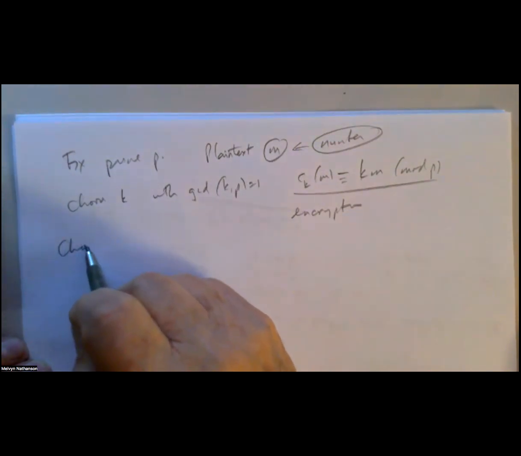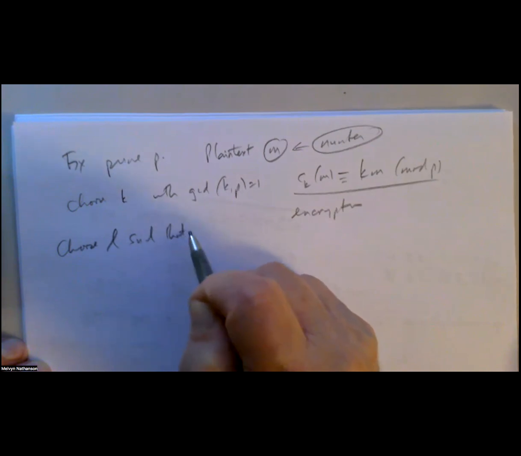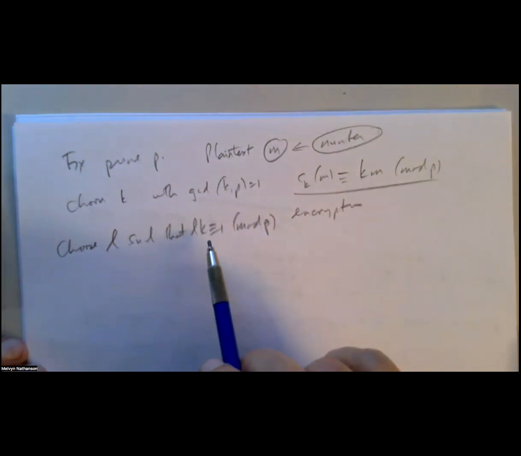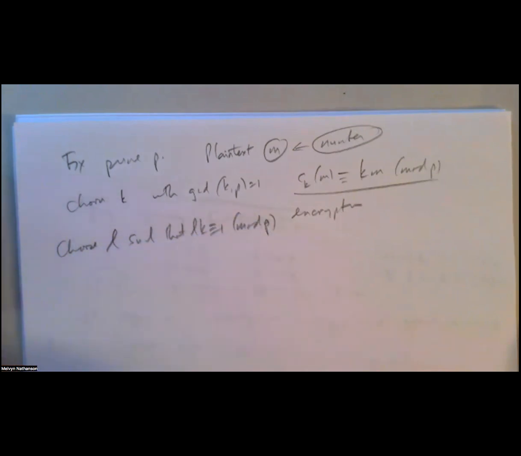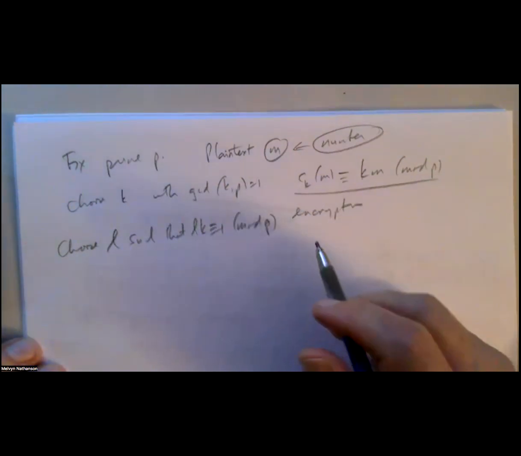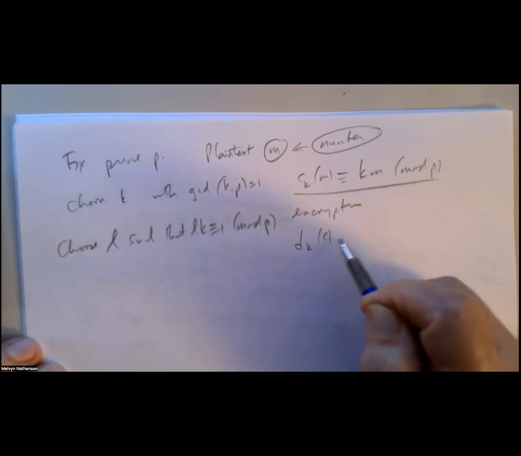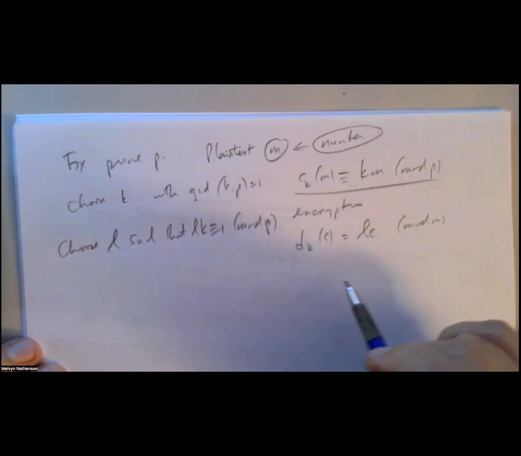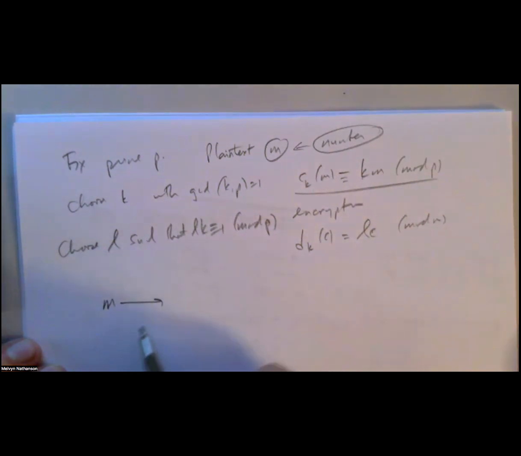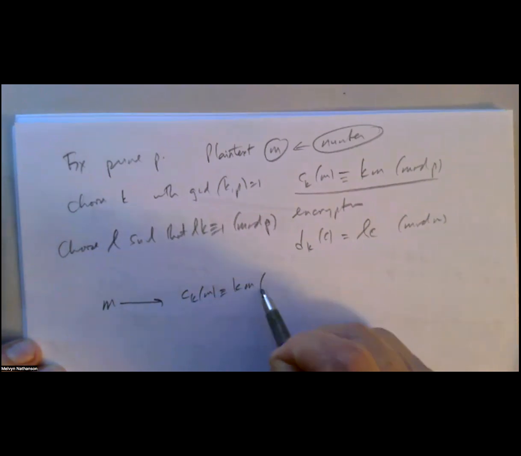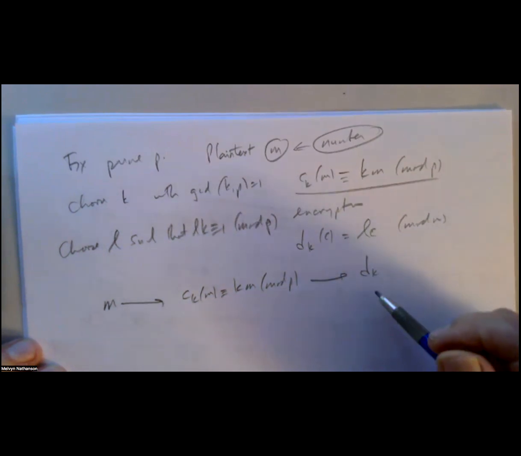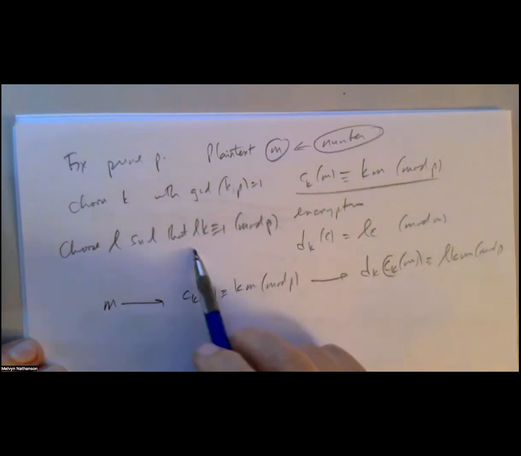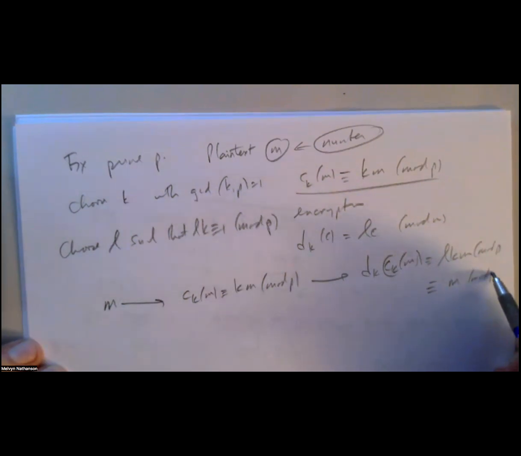And decryption: you choose L such that LK is congruent to 1 mod P. Every integer not divisible by P is a unit mod P. And your decryption method, D sub K of C, is multiply C by L mod P. And then you can see if you start with the message M and you encrypt it into C sub K of M, which is congruent to KM mod P, and then you decrypt, that's LKM mod P, but LK is 1, so this is just 1 times M, or M mod P. So you recover your message.